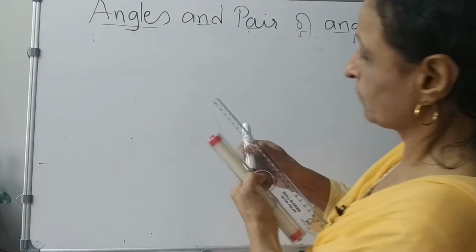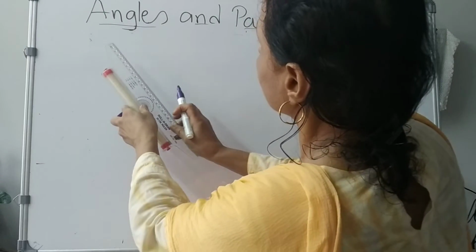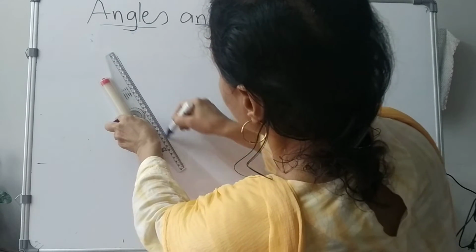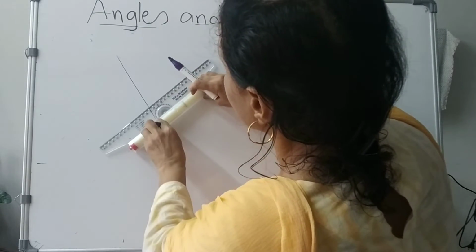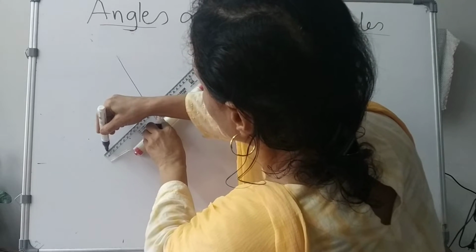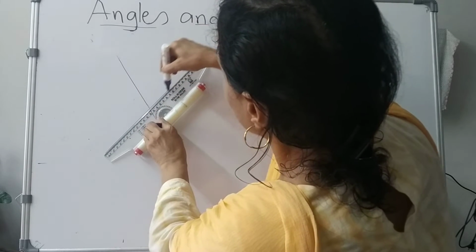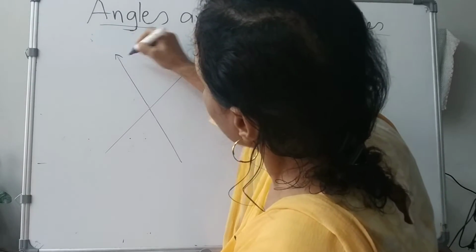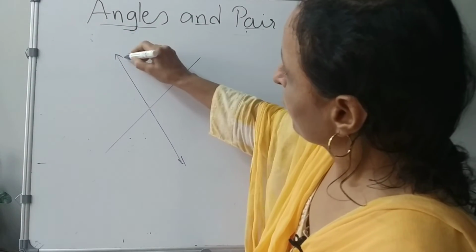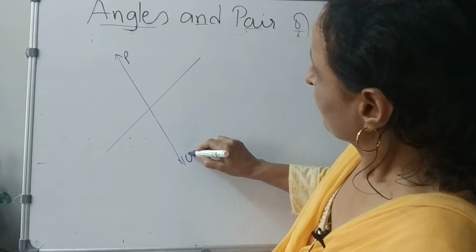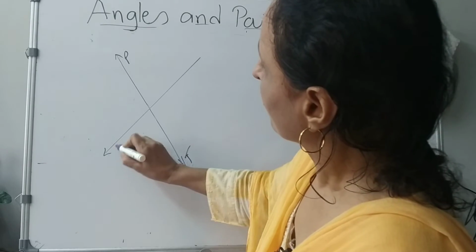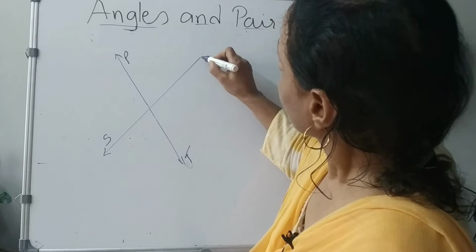Now, you can draw a line here and you can draw this line here. Now you can make it as rays PQ, PT and SQ.